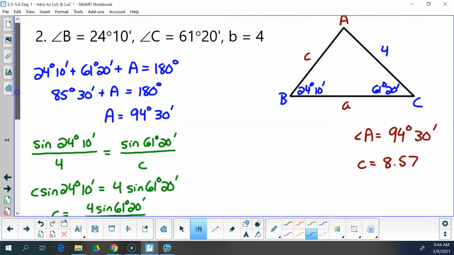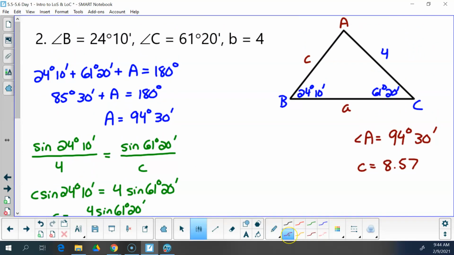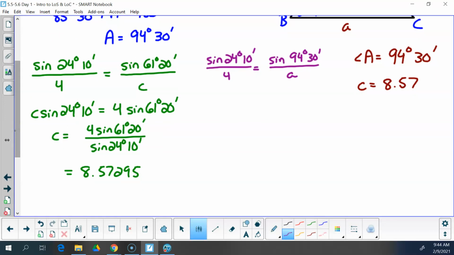Then the sine of 24 degrees 10 minutes over 4 is going to equal the sine of 94 degrees 30 minutes all over side A. A is going to equal 4 sine of 94 degrees 30 minutes divided by that.